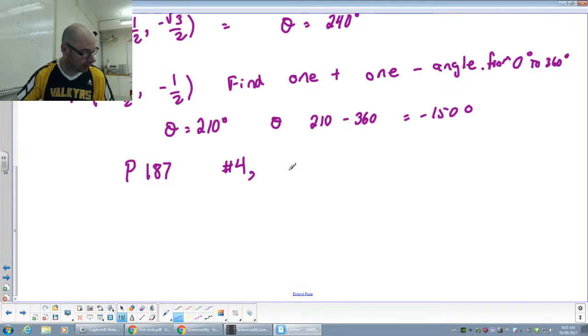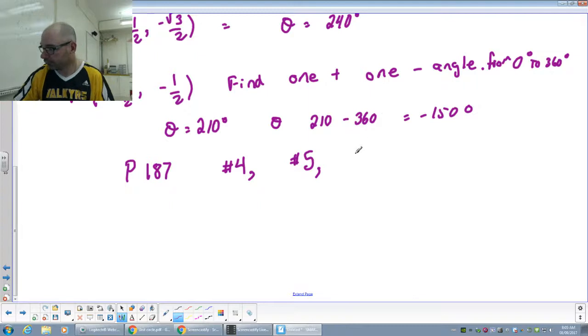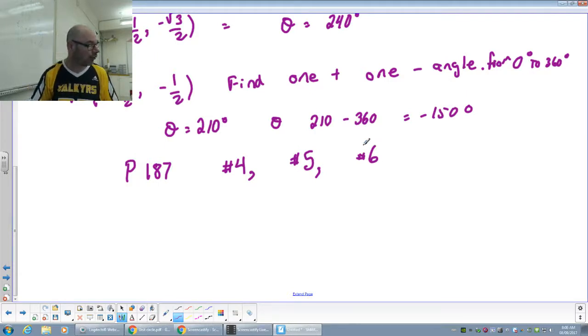And number 5, which are the two types of questions that we looked at today in our examples. And you can look at number 6, which is also there. And the rest of the stuff will kind of blend into the next section that we're doing. So we will look at that a little closer when we get back at it on Monday.